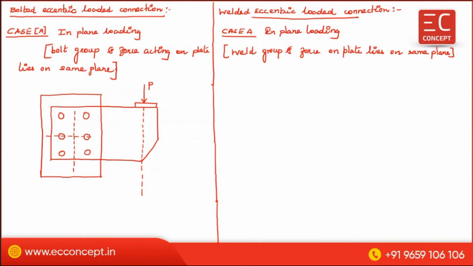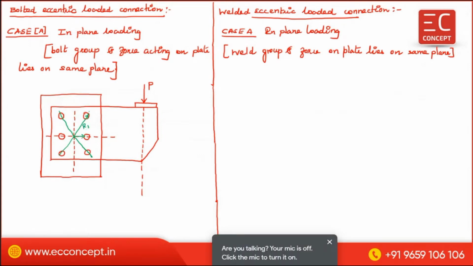Through that, there was an axis which passes through the centroid. From the centroid of the bolt group, we can measure this distance as R1, this is R2, like that, so on and so forth, R3, R4, R5, R6. So this we can simply write as R.